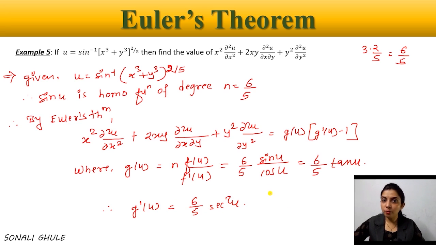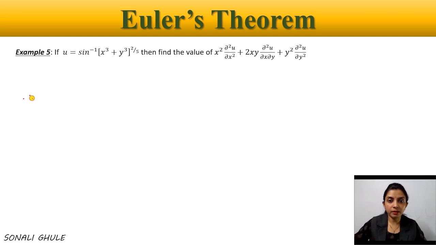So I hope you all understand. We got the value for g of u and g dash of u. Putting these values in equation 1, what can I write?